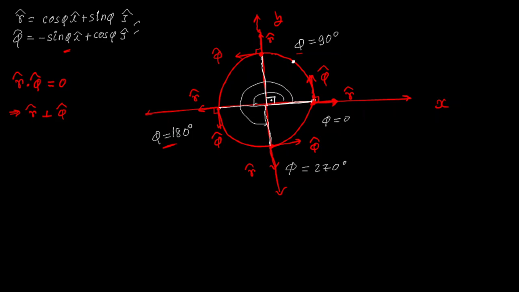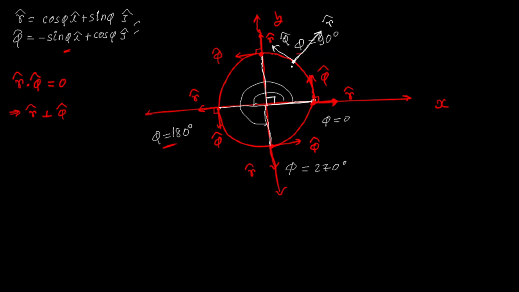So first we have to draw the r cap direction, and in this case r cap will be along this direction. Then we have to draw a tangent to this surface at this point, in the anti-clockwise direction, so we get this direction. So this will be the direction of r cap, and this will be the direction of phi cap.